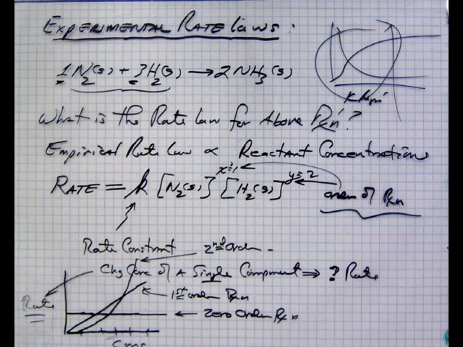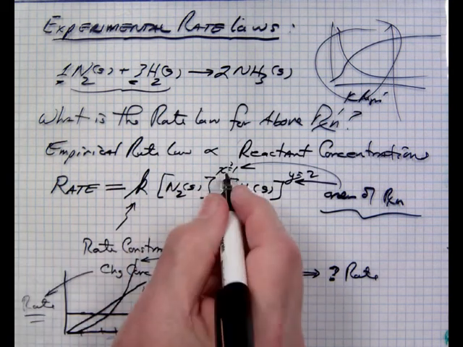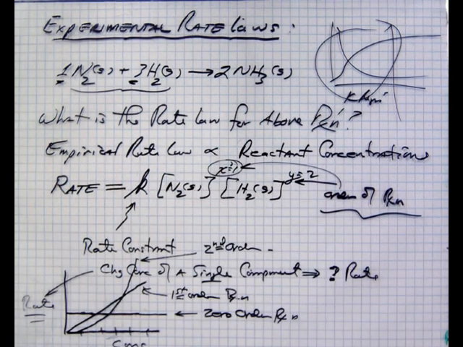You can assume the coefficient to be the exponent in the equilibrium region because the concentrations aren't changing. But the only way you can determine the order of reaction or that exponent is by experiment.